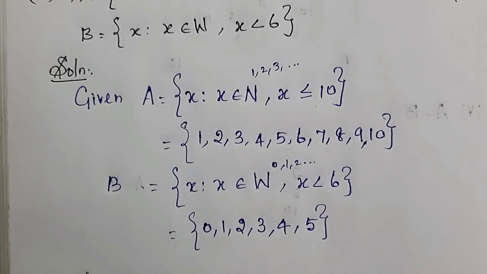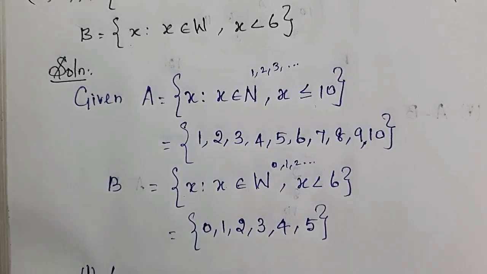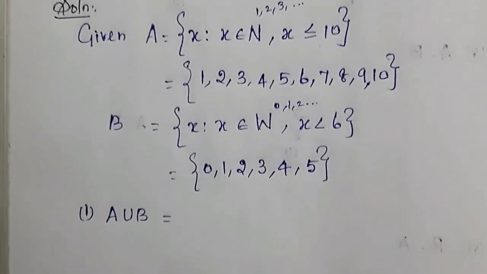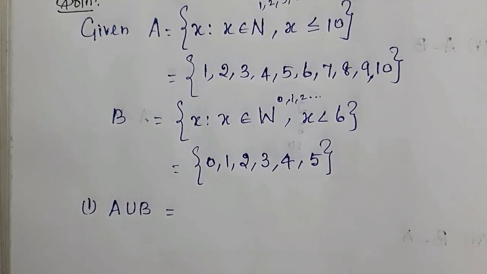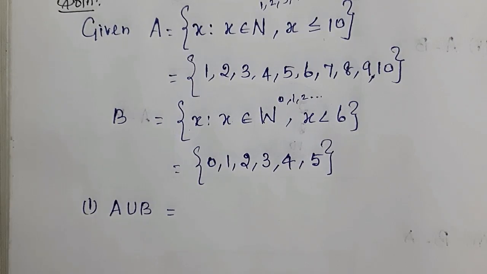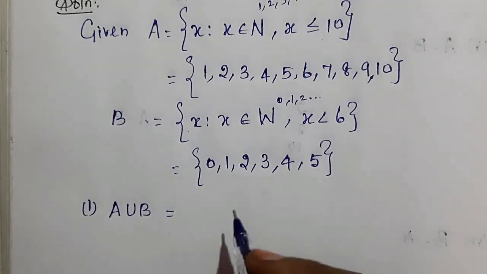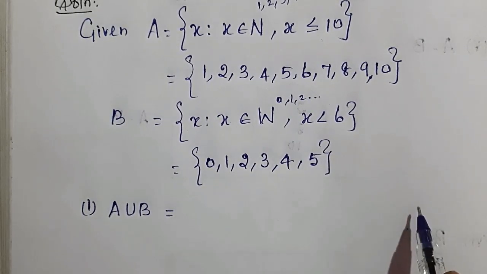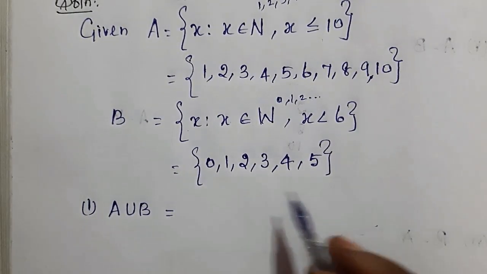Then the first one is A union B. What is the meaning of A union B? A union B means altogether A and B. You have to write all the elements from both sets A and B. You can write this in one line. If you are an expert, you can just write it in one line.